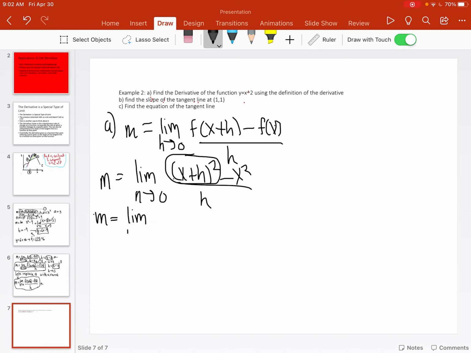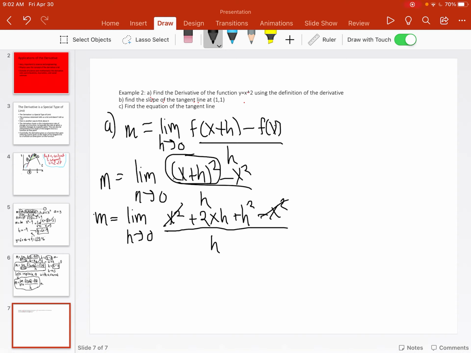m is equal to the limit as h approaches 0 of x squared plus 2xh plus h squared. This isn't anything unfamiliar. Minus x squared. So that's our f of x there, all over h. So we got some cancellation here.